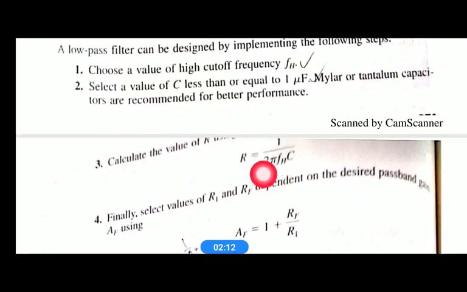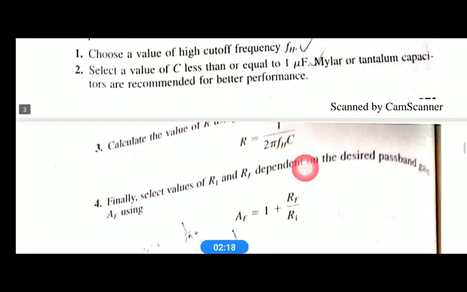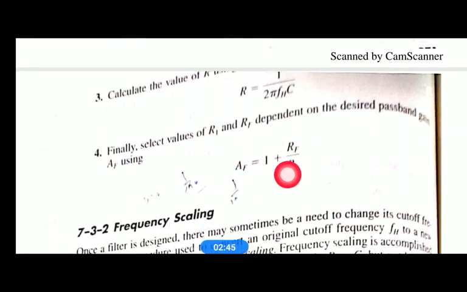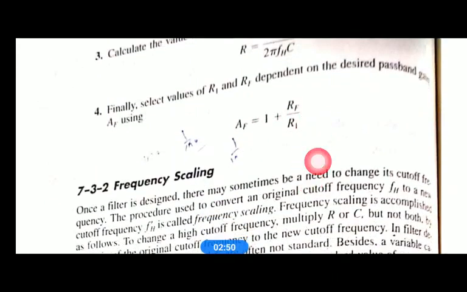We need to calculate the value of R, which is equal to 1 divided by 2 pi FH C. So the selected values for C and FH we have to substitute and calculate the value of R. Finally we select the values for R1 and RF such that we get the desired passband gain AF, given here as AF equal to 1 plus RF by R1. We need to select RF and R1 to calculate the AF.